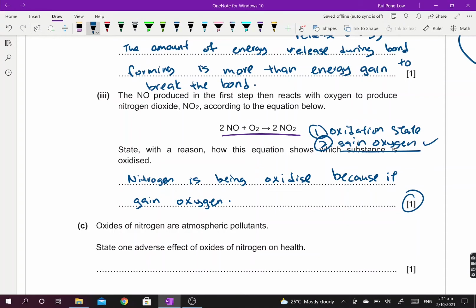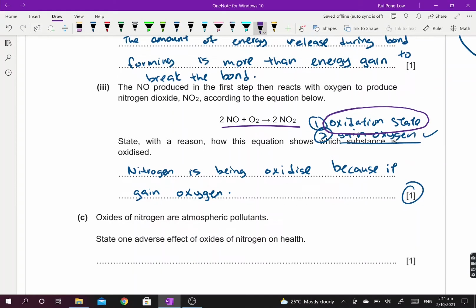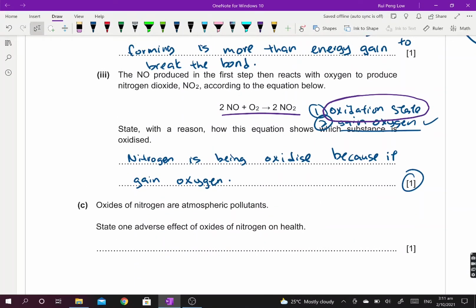So unless the question says that you need to use by means of oxidation state or by means of gaining or losing oxidation state, then we are restricted only to analyze a question by using this method to see whether nitrogen has increased its oxidation state or decreased in oxidation state, to conclude that nitrogen has actually oxidized or reduced. Okay, so in this case, I just use the more convenient way, which is the fact that it gained oxygen, hence it oxidized.